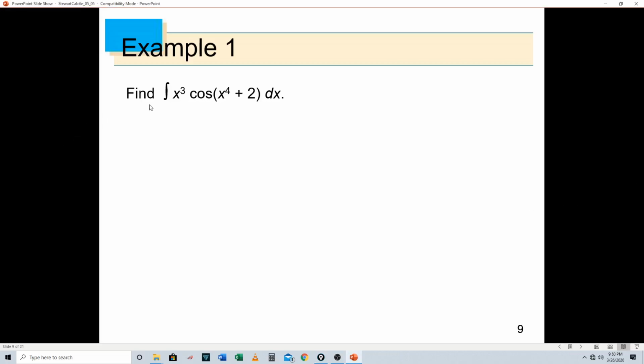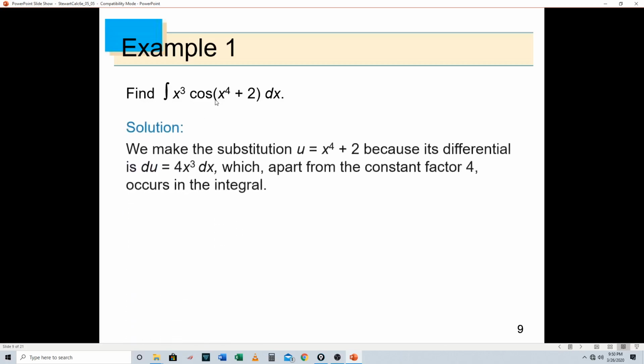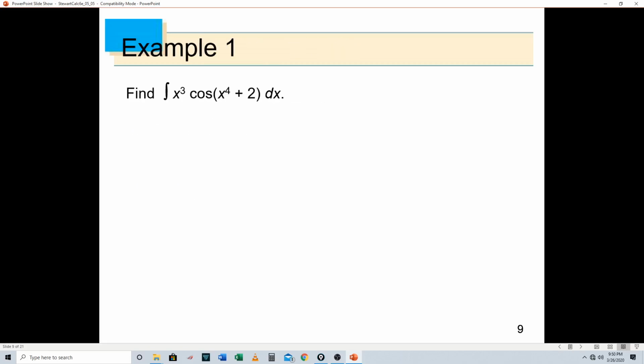So we don't want to do this, okay? So I'm going to take the function right here, this part right here, and I forgot to press the pen button. I'm going to take this function right here, there it is, and I'm going to say that u is equal to x to the 4th plus 2, all right?